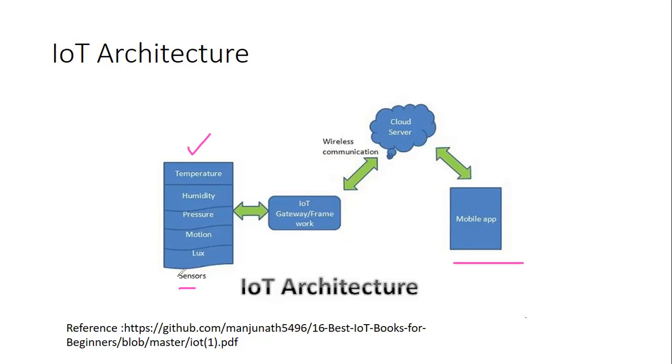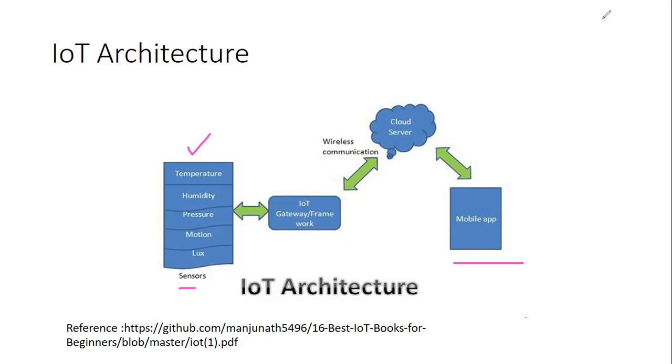Further, that electrical quantity is given to any open source platform such as Arduino, ESP, Raspberry Pi for further processing. And from there, data is given to the network, then to cloud, and from cloud to services, various end users. So this is the flow of data in any IoT system.